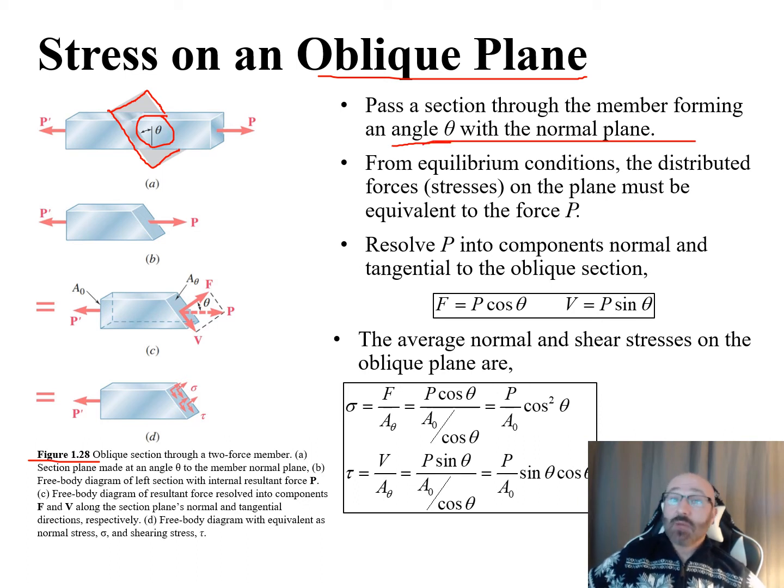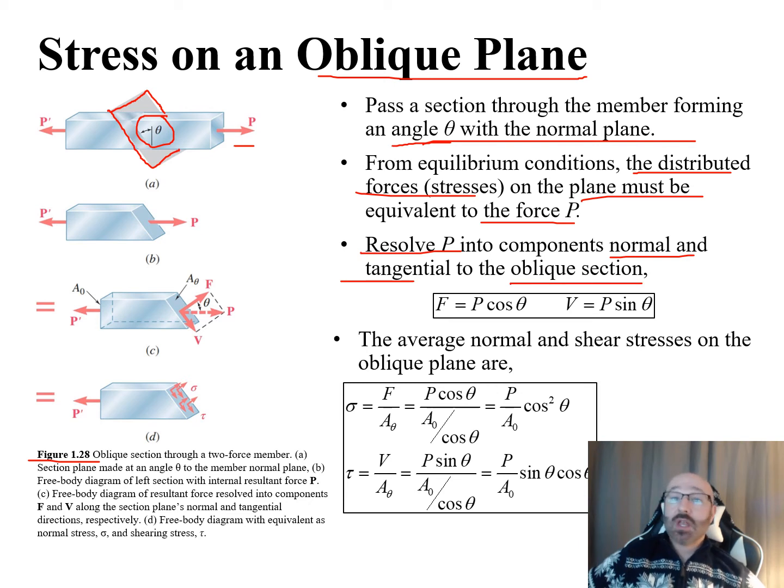From the equilibrium conditions that we've seen, the distributed forces and stresses on that plane must be equivalent to our force P. So what that means is if we're not talking about something perpendicular to it or in line with it, we're going to need to resolve these into components. We're going to need to do a little bit of trig here. So resolve P into components normal and tangential to that oblique section.